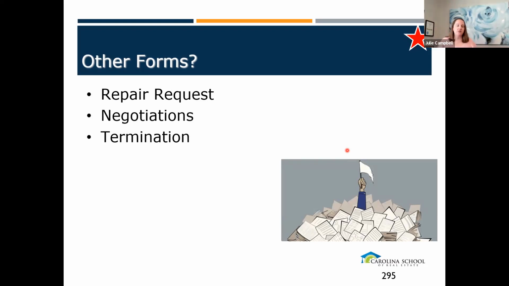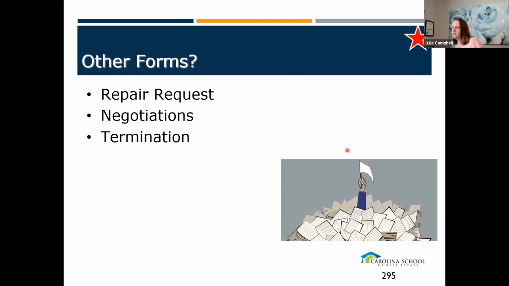Response to Buyer's Offer is the seller's opportunity to basically send a letter to the buyer saying, this is how I'm responding to your offer. Not required, but it is clean. It's very clear. Email will work just as well. And then we have various termination forms. Is the seller terminating? Is the buyer terminating? Is one party in breach? Do the parties agree to release the earnest money? There's probably, I don't know, 8 or 10 different termination forms, depending on the situation.